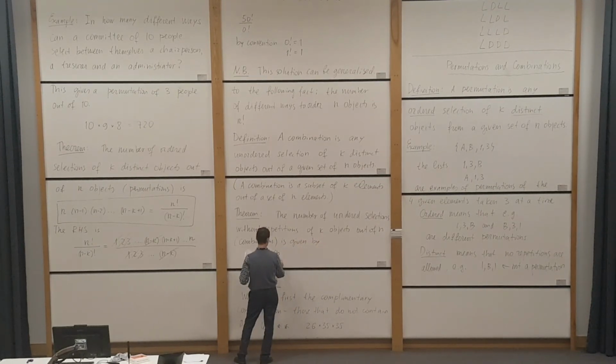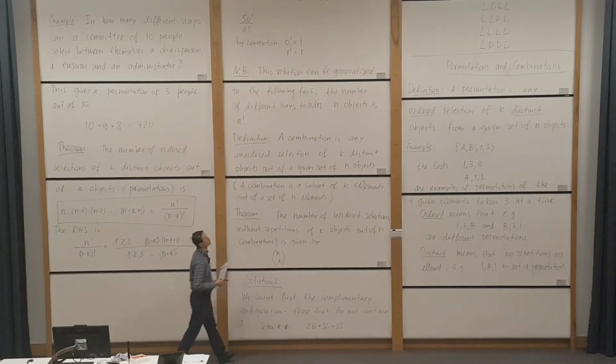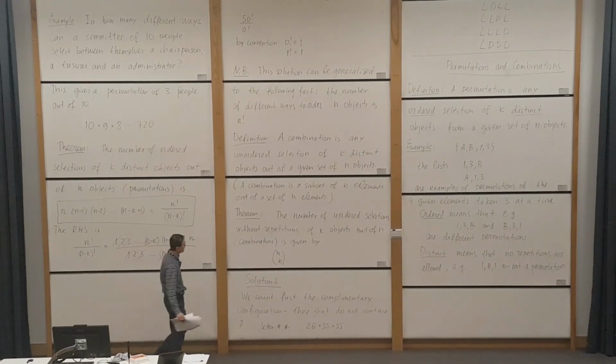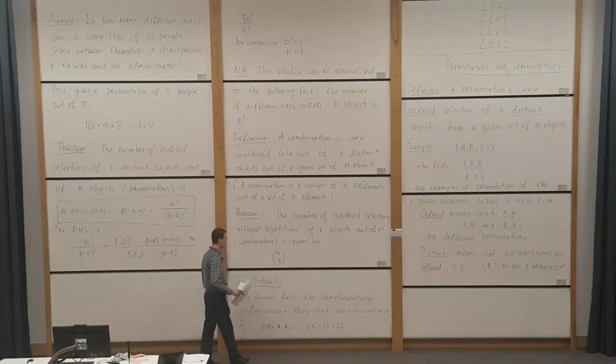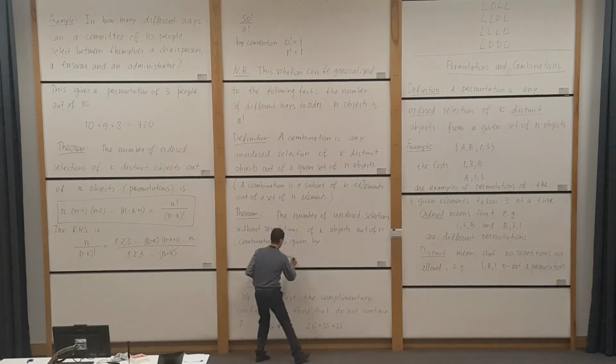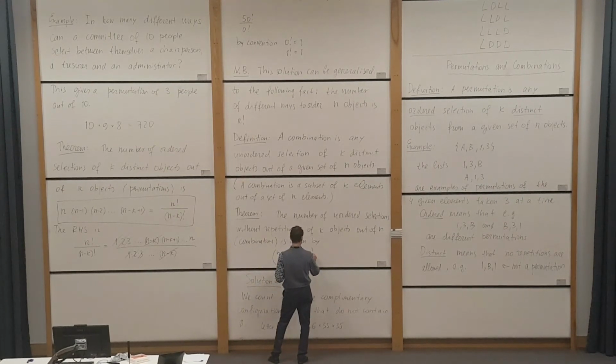It's the same as the binomial coefficient, if you know what it is. If not, I will remind you. Binomial coefficients are denoted like this. You put these two integers, the larger one on top, the smaller one below, and it reads "k out of n", binomial coefficient. And it's given by the following formula: n factorial divided by n minus k factorial times k factorial.